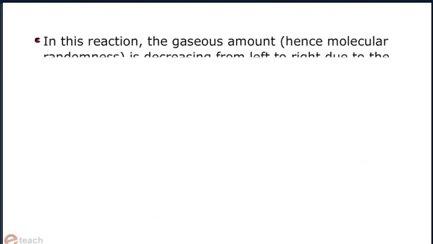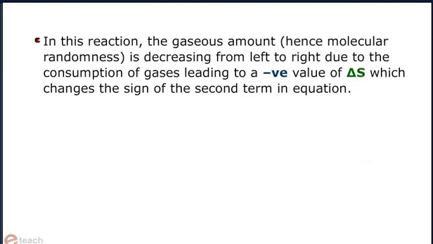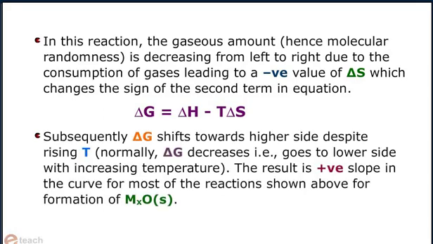In this reaction, the gaseous amount, hence molecular randomness, is decreasing from left to right due to the consumption of gases, leading to a negative value of ΔS, which changes the sign of the second term in the equation. Subsequently, ΔG shifts towards the higher side despite rising T.